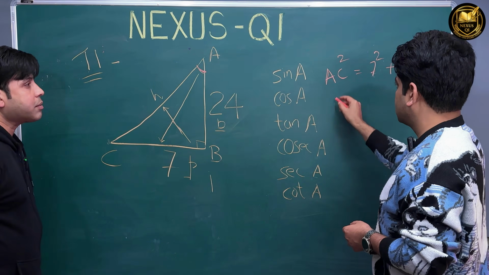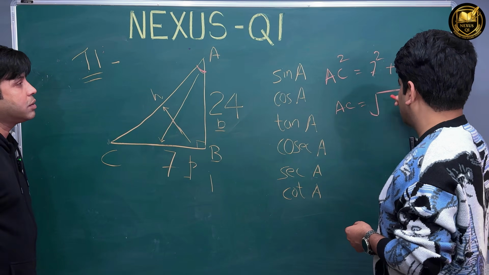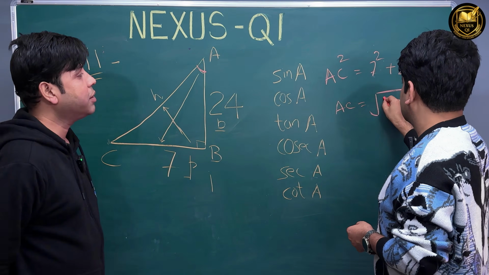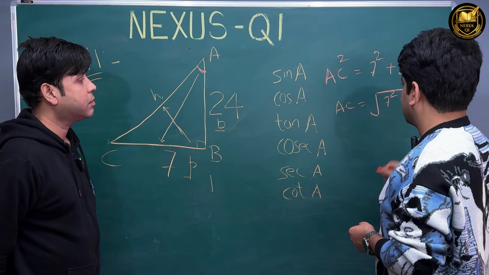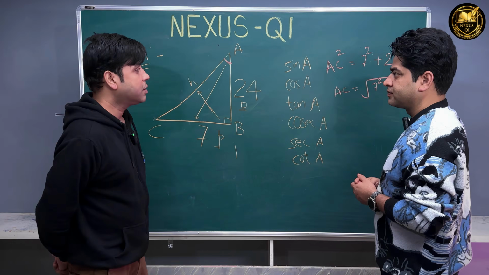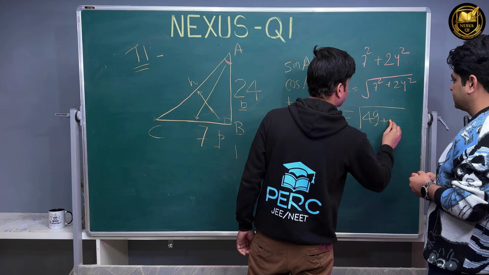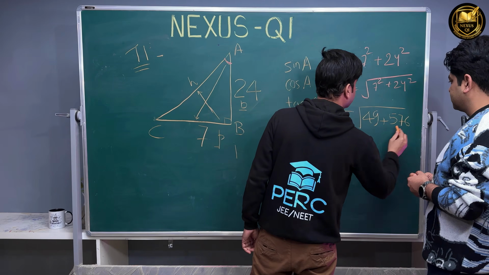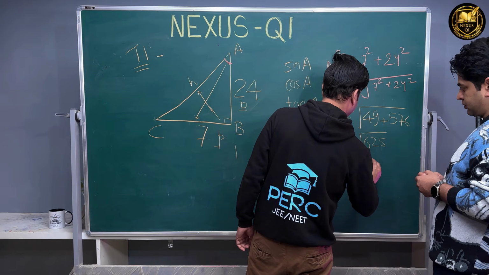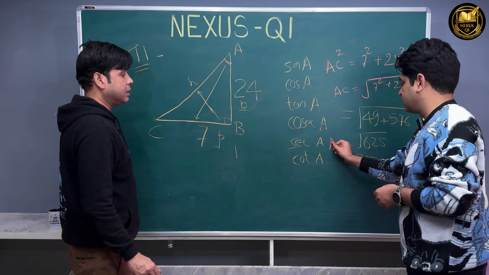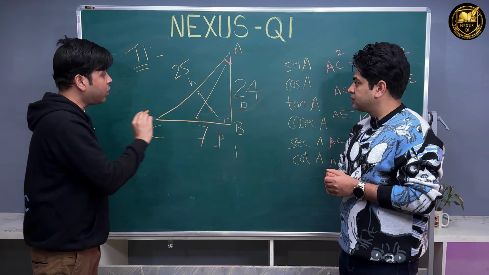Now we can simplify this. 7 square is 49 plus 24 square, which is 576. It comes to 625, and the root of that is 25. So this is the value of AC. We got the third side, AC, as 25. Now we have all the three sides.